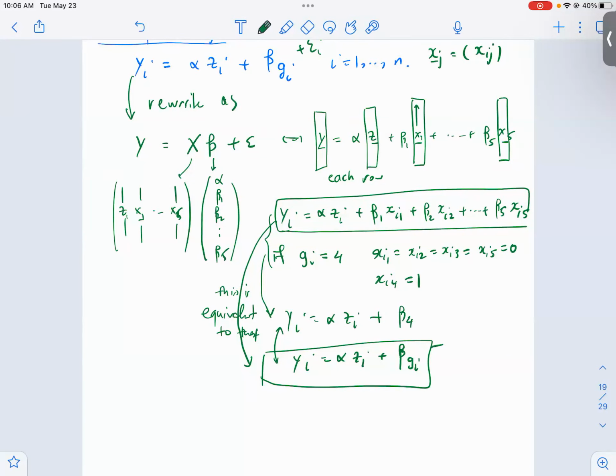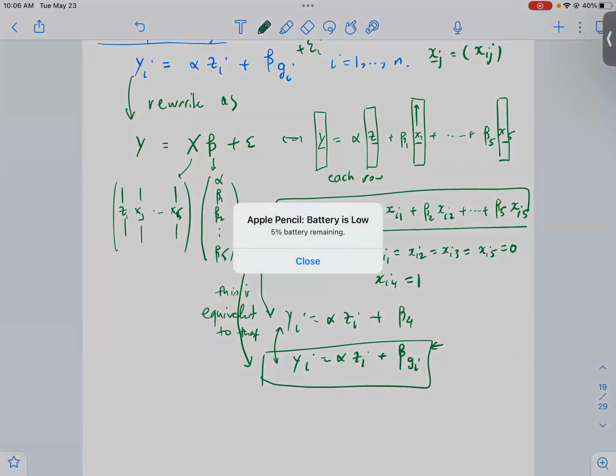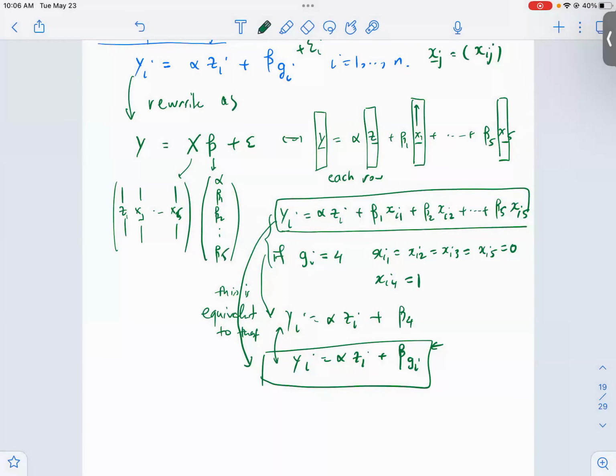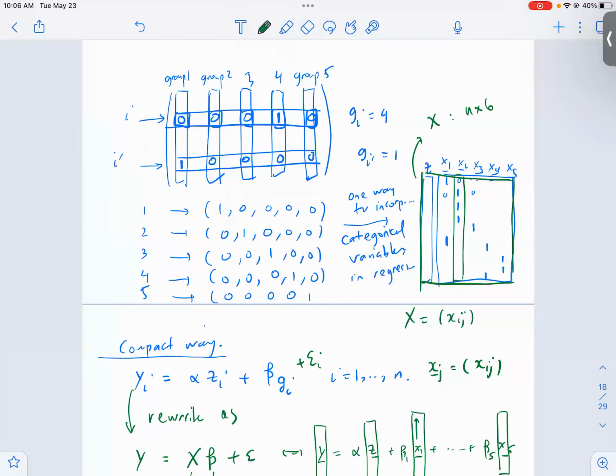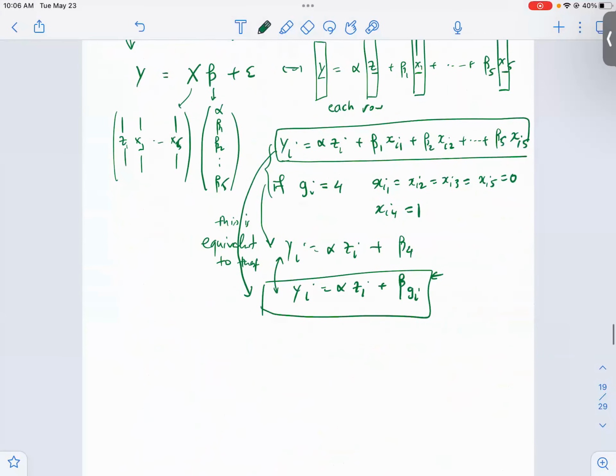I like this version because it's much easier to understand, but it's harder to actually implement. If you have an lm command, this is not the standard form; if you encode things like this, it is not a standard regression problem where you can just plug in X, Y, and out comes beta.